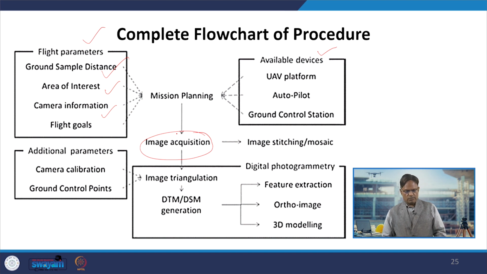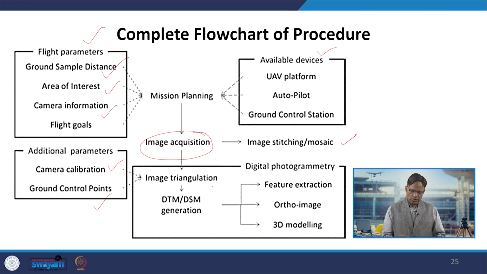In the image acquisition part, we will acquire the images, but we require some additional parameters like calibration of the camera system which we are using and the coordinates of the ground control points. Once the images are acquired, we can create the mosaic of the images, joining them together to see the whole area.